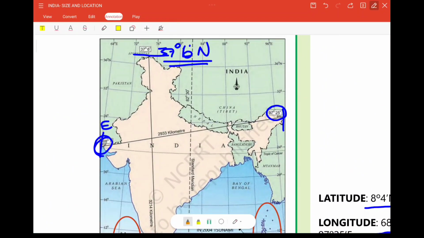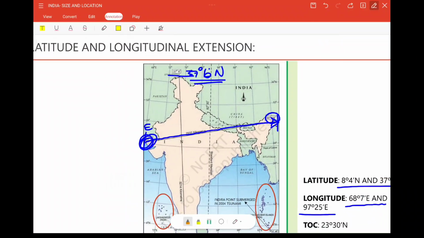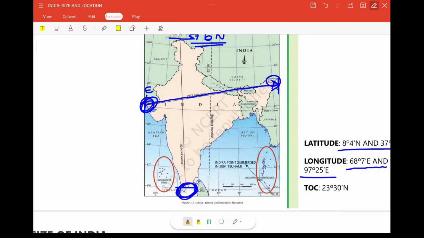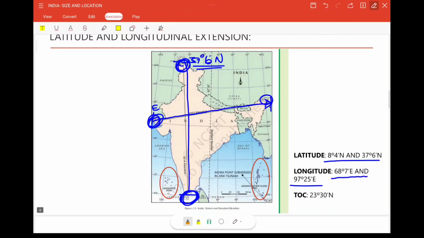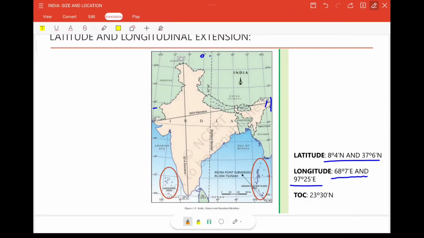So from this point when you move toward the east, the longitudinal extension increases, and when you move from this point toward the north, the latitudinal extent of India increases. So the latitudinal extension of India is 8 degree 4 minutes north to 37 degree 6 minutes north, and the longitudinal extension is 68 degree 7 minutes east to 97 degree 27 minutes east.